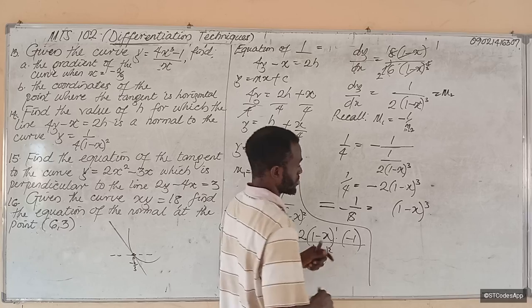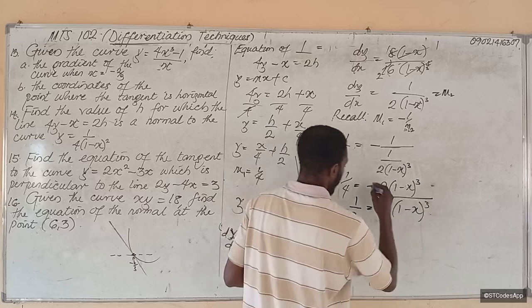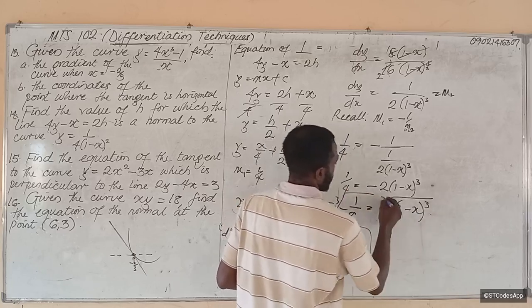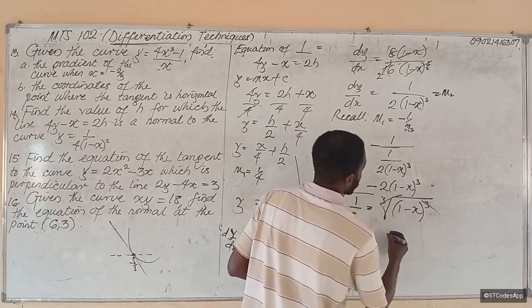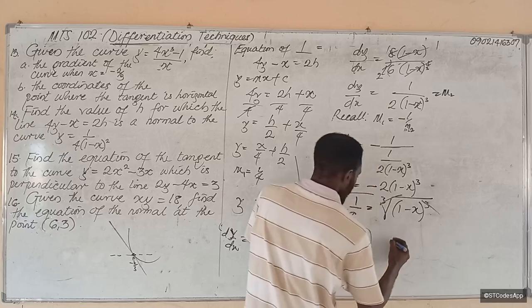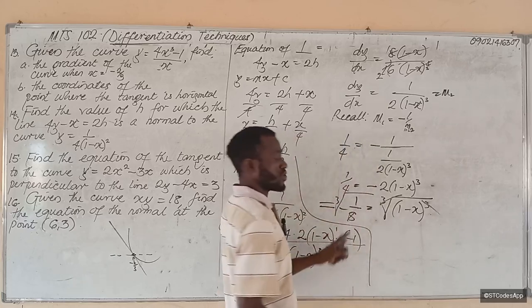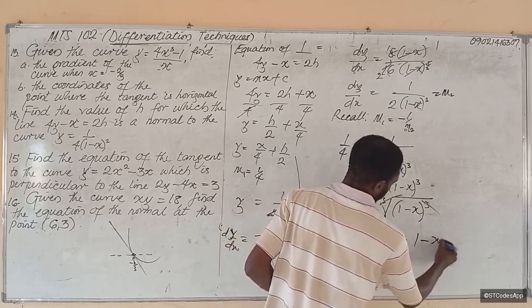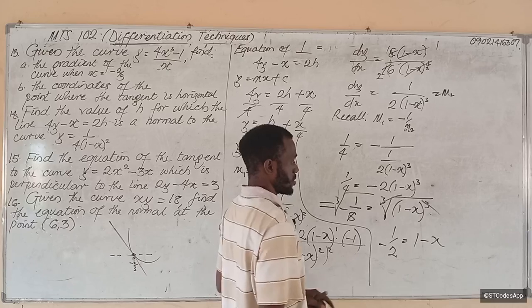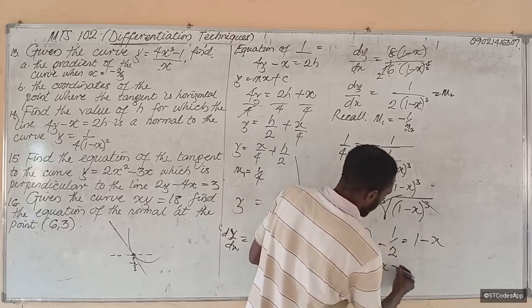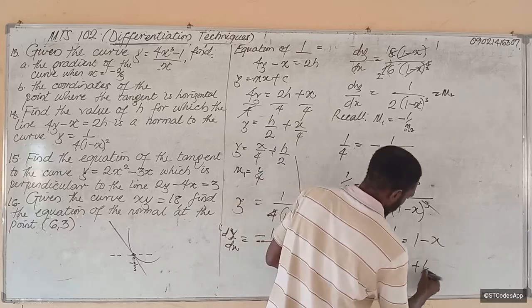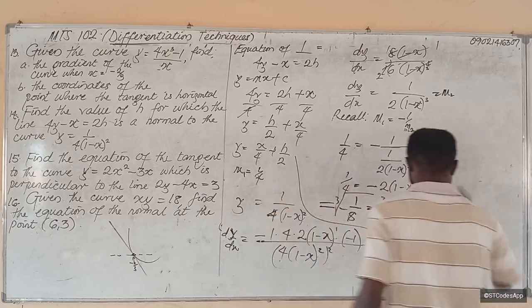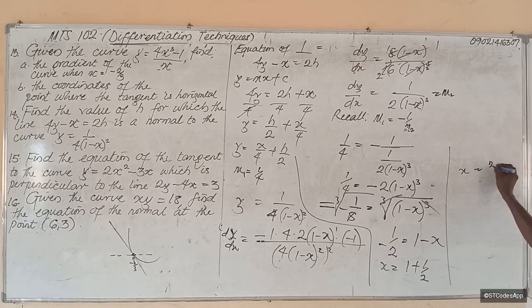Is that clear? So if I now take cube root of both sides, this will cancel this, so that the cube root of negative 1 over 8 will be negative 1 over 2 equal to 1 minus x. So by the time I interchange, x will be equal to 1 plus 1 over 2. So that x will be equal to 3 over 2.